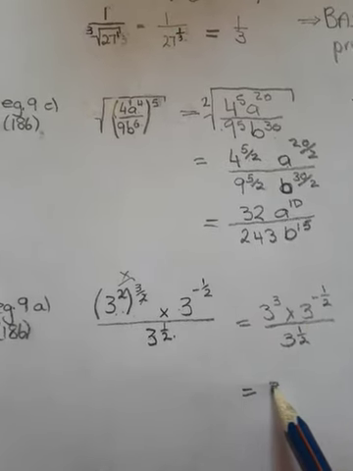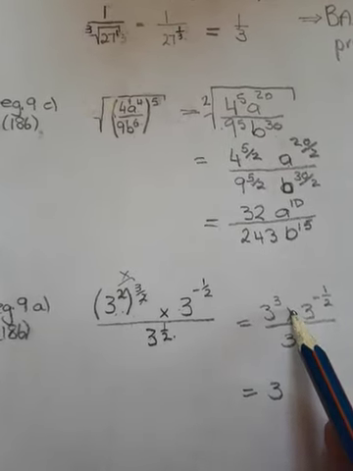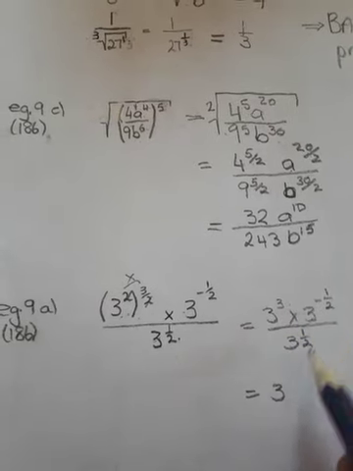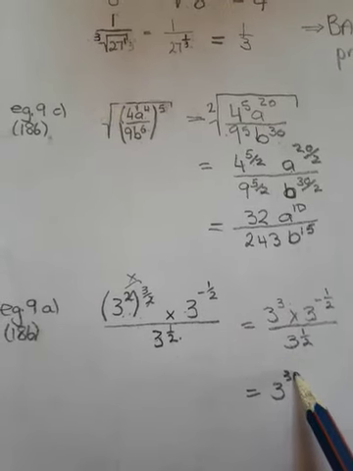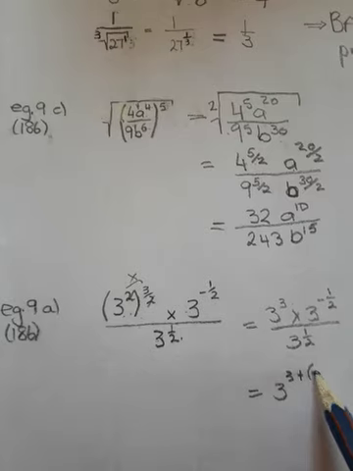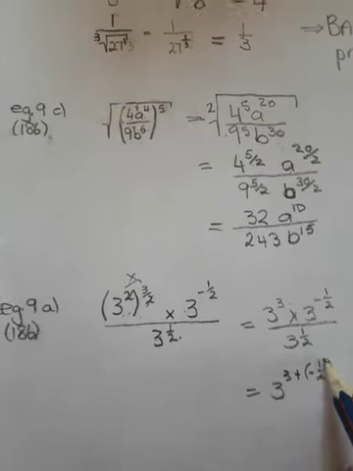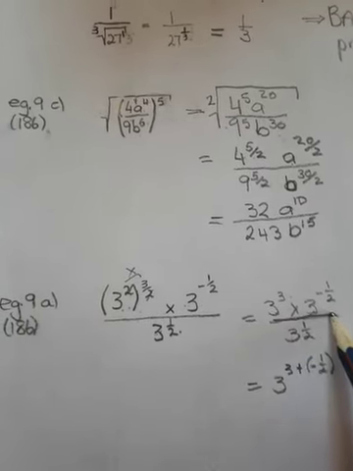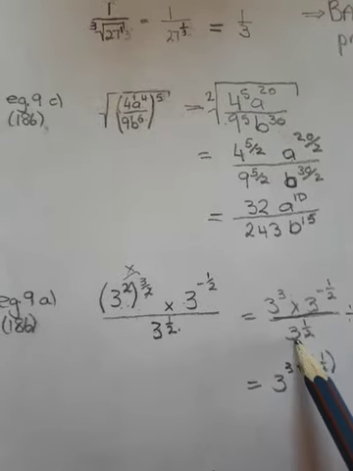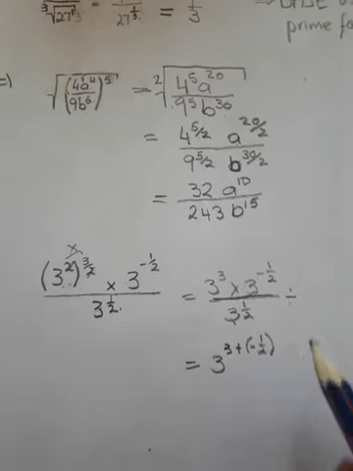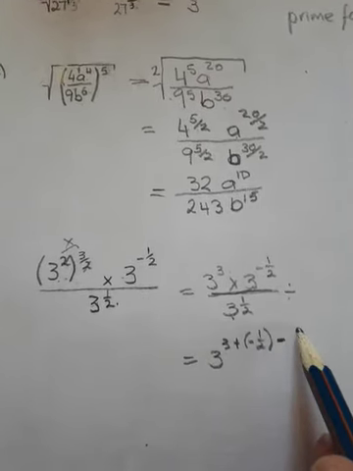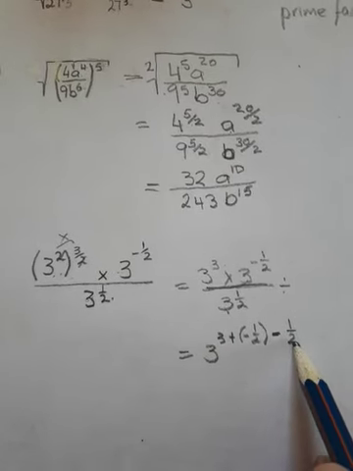Now remember, when we multiply powers with the same base, we will add the index, right? And this is divide. When we divide powers with the same base, we will subtract the index.